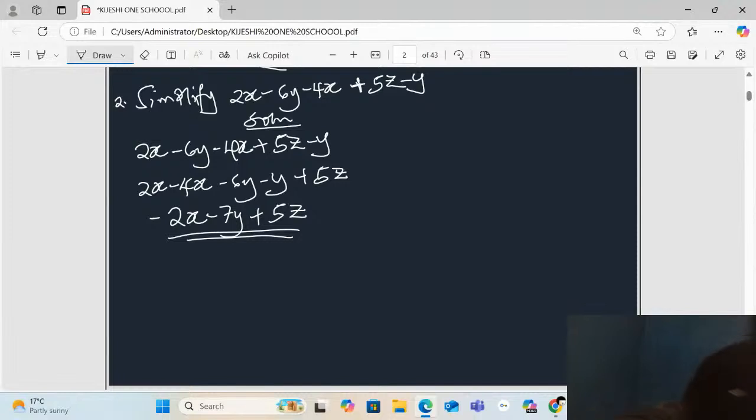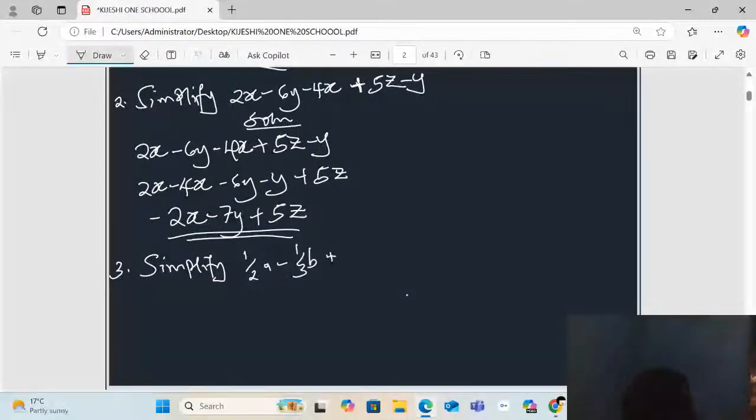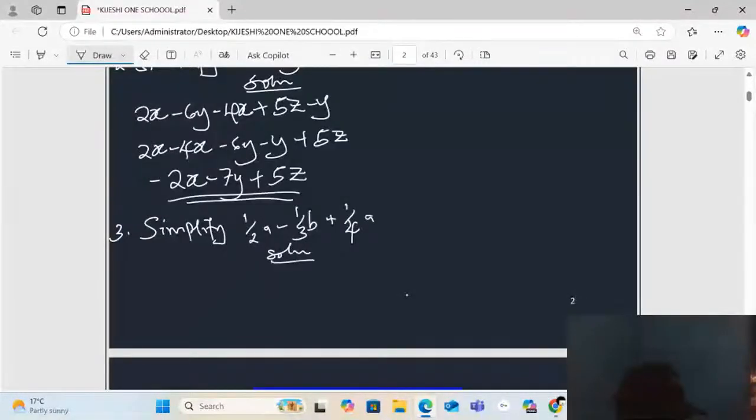Now let's move to example 3. We're having fractions, so simplify. Oh, that's simple. We're simply going to collect like terms together.